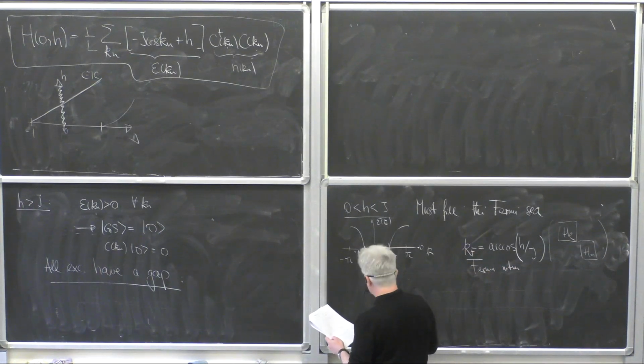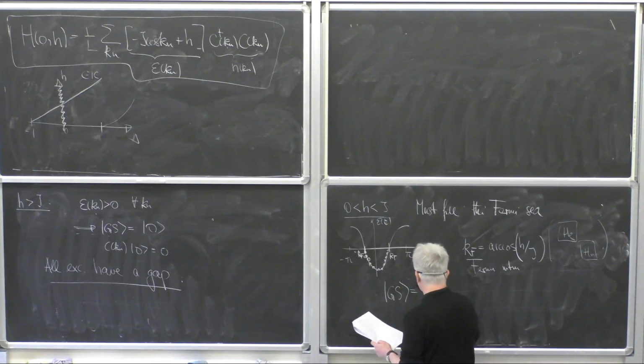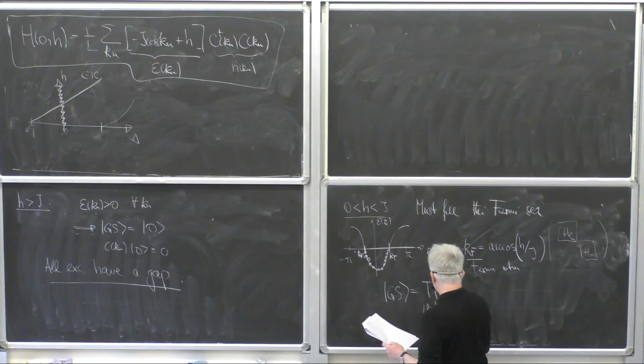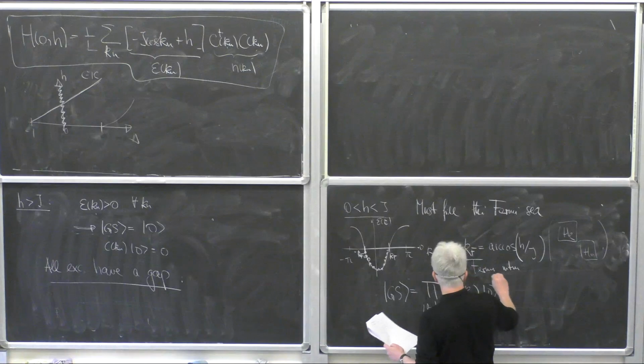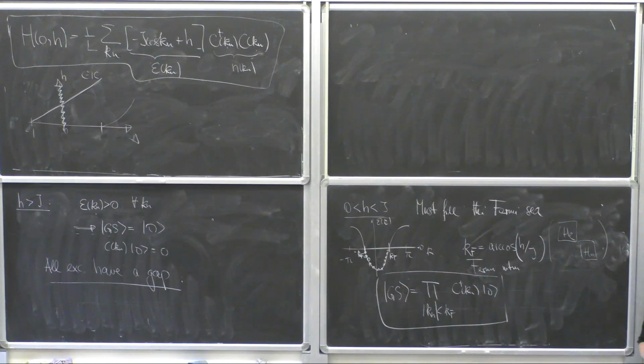And the ground state then is obtained as a Fock state where I take the product of all of these momenta, k_n less than kF, c dagger of k_n on the vacuum. Okay, and depending precisely how I tune the magnetic field, I might have an odd number or an even number of fermions in the ground state.